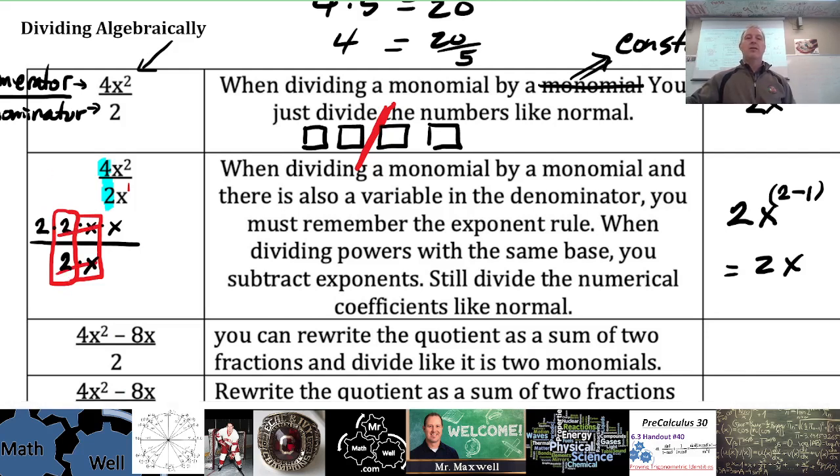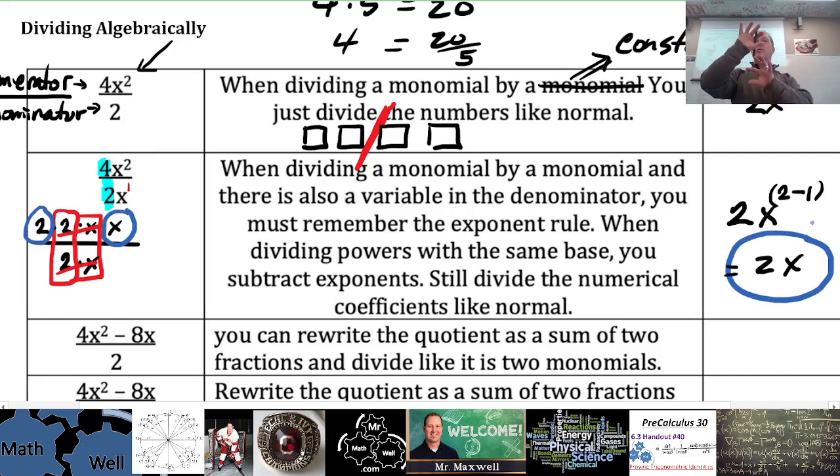If I divide those out, I'm left with 2 times x in the numerator, and that's my answer over here. So when we have monomials, you can break them down into prime factors, divide out all the common factors on the top and bottom, simplify, and then just write whatever's left over. Okay?